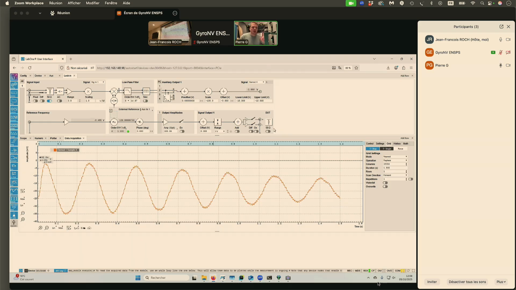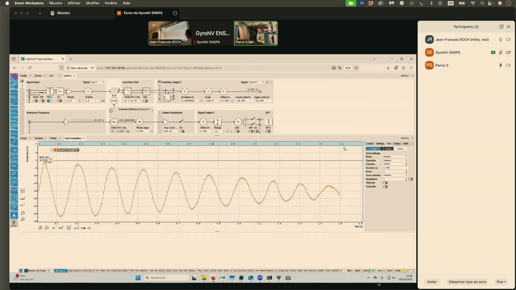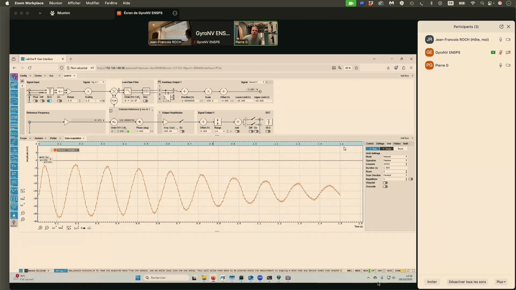Okay, now let me show you what happens when I change the RF amplitude. So if I go to higher RF powers, the theory predicts the Rabi frequency is higher, okay?